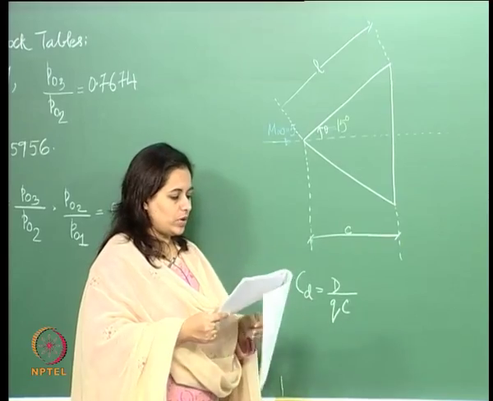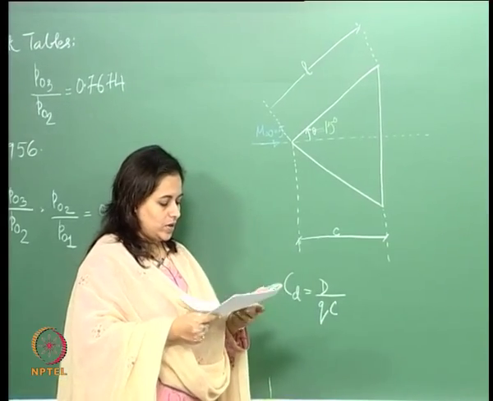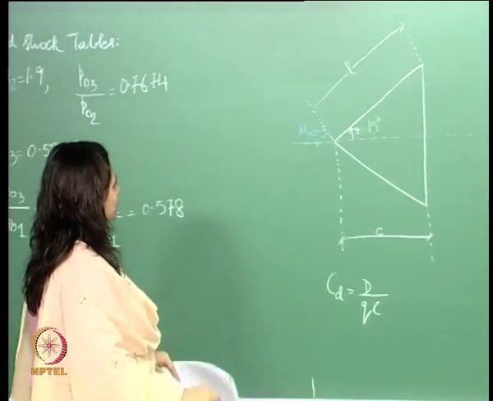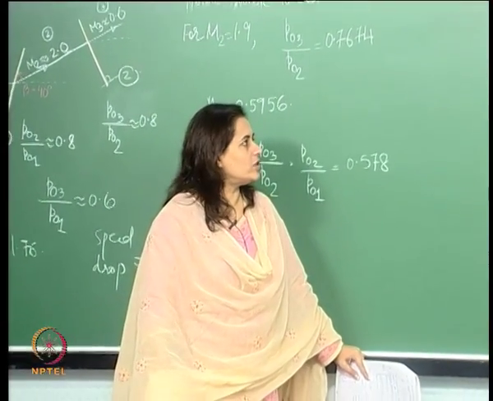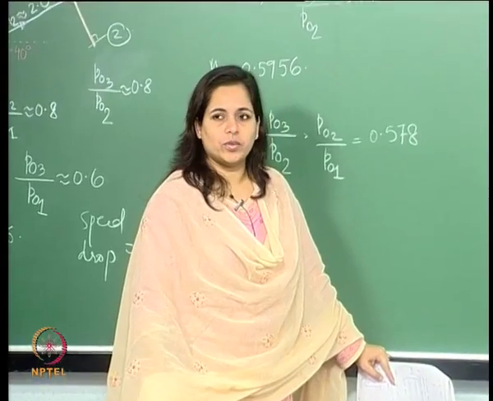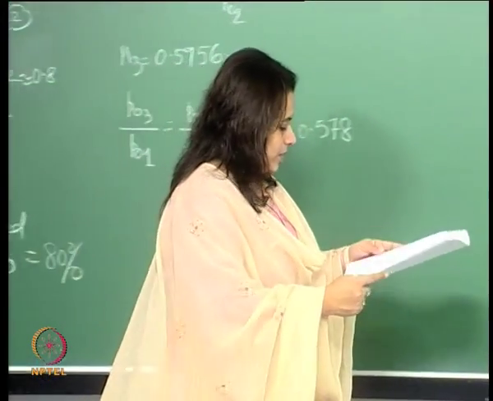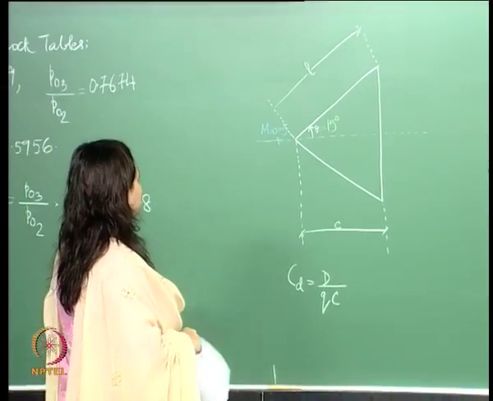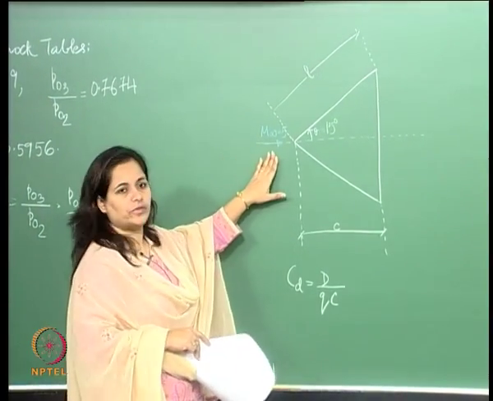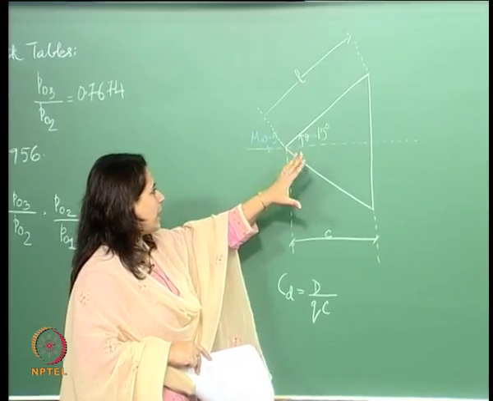So how do we go about this? We know about shocks and normal shocks and oblique shocks and so on. What do we do? How do we go about this? So you can see here that I have a Mach 5 flow, and I have a wedge out here.